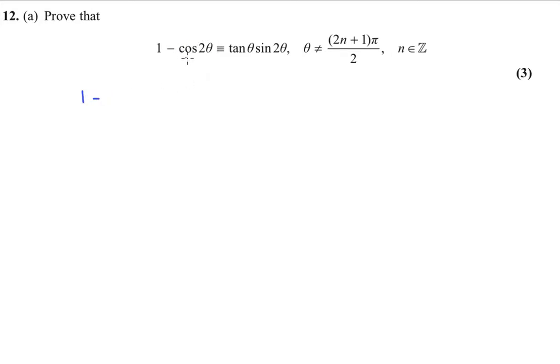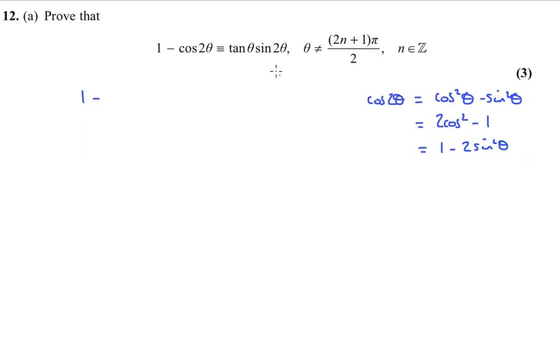First thing to do is change the cos 2 theta. Cos 2 theta is 3 different things. You can write cos 2 theta as cos squared theta minus sine squared theta, or you can write it as 2 cos squared theta minus 1 by changing the sine squared theta into 1 minus cos squared theta, or you can write it as 1 minus 2 sine squared theta by changing the cos squared theta into 1 minus sine squared theta.